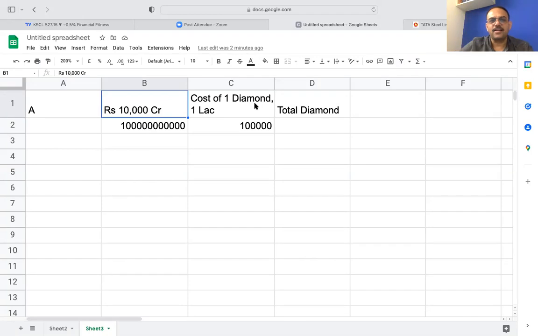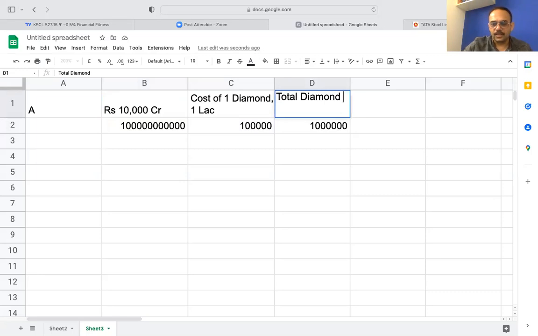Let's say, for example's sake, all diamonds have the same cost as of today, 1 lakh rupees per diamond. So with his 10,000 crore rupees, he can buy 10 lakh diamonds in total.